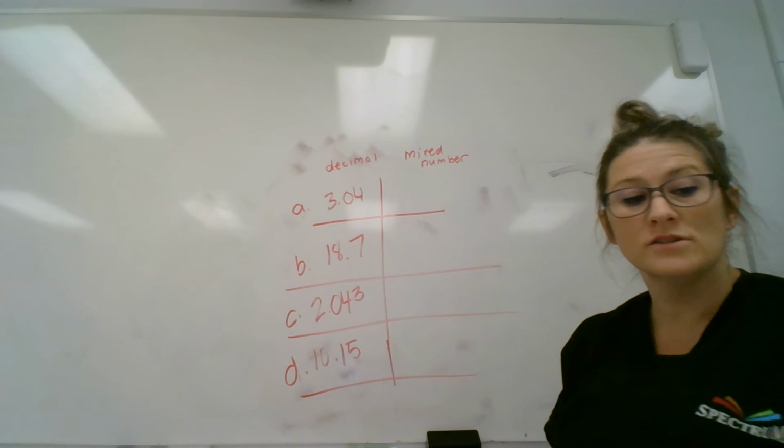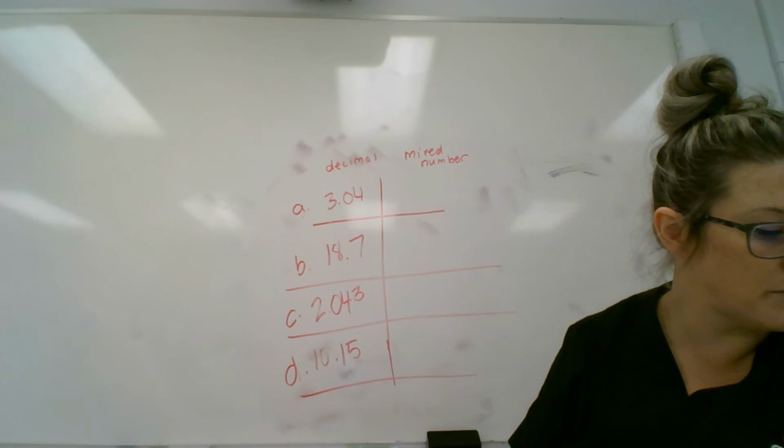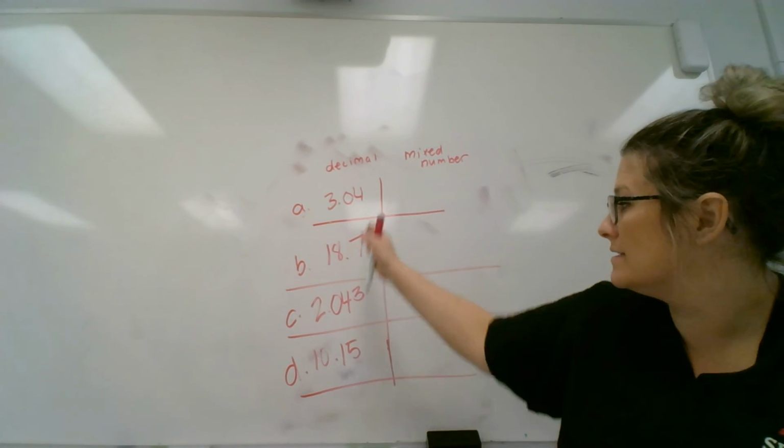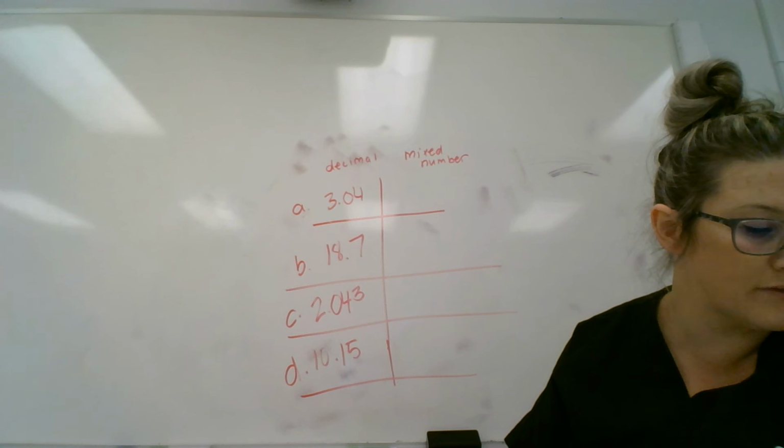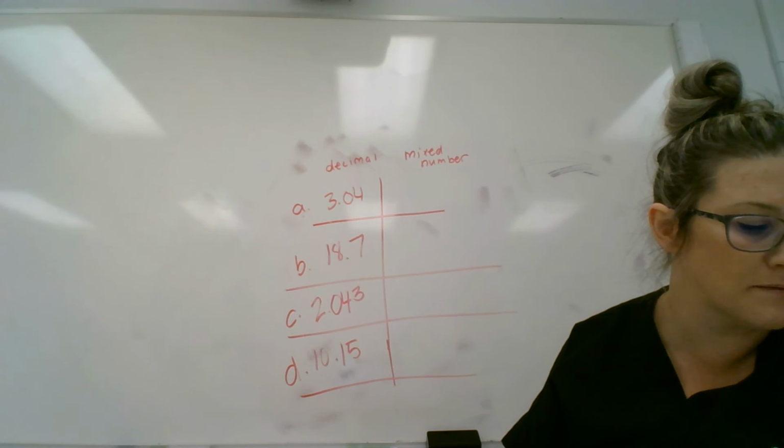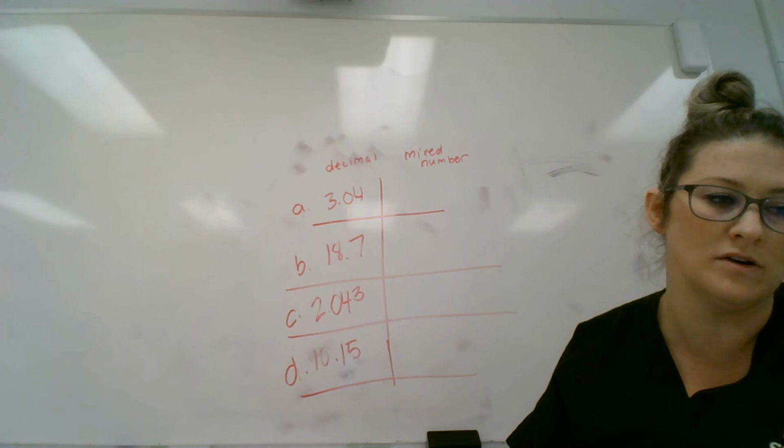All right, so this is a new kind of problem. The first column shows decimal values. Those are all given for you. In the second column, you'll write the mixed number that equals the decimal.